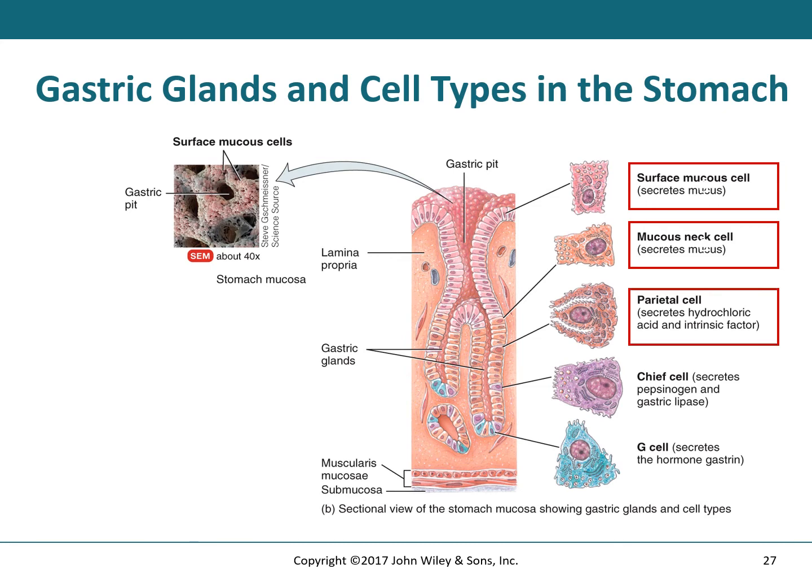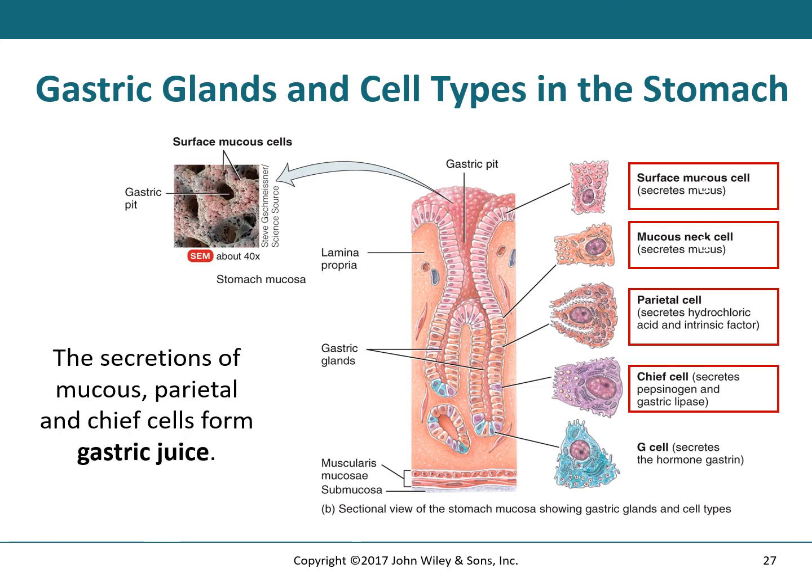As you get deeper, you're now calling them gastric glands, and we have parietal cells, and if you selected A, you were correct on the previous question. Parietal cells secrete hydrochloric acid and also another enzyme called intrinsic factor. Chief cells secrete pepsinogen and gastric lipase. And then finally, G cells secrete the hormone called gastrin.